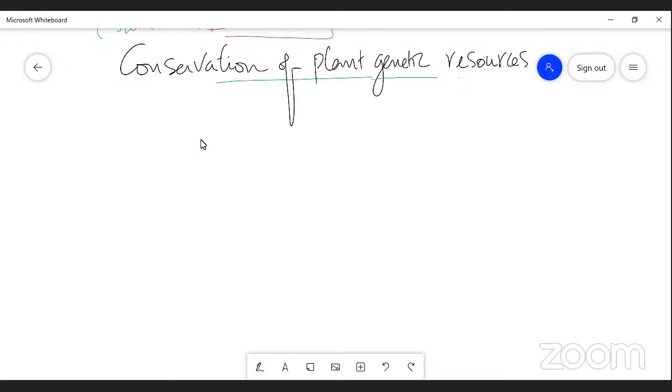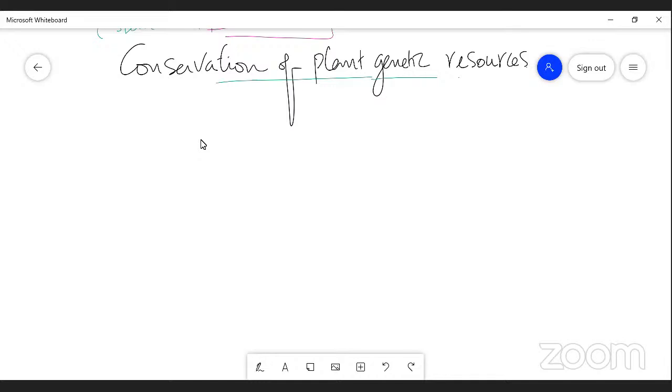So the biological sources are protected, or preserved, or conserved for a long duration, for the purpose of research, breeding, maintaining fertility and food security, and to maintain and protect biological diversity, right?